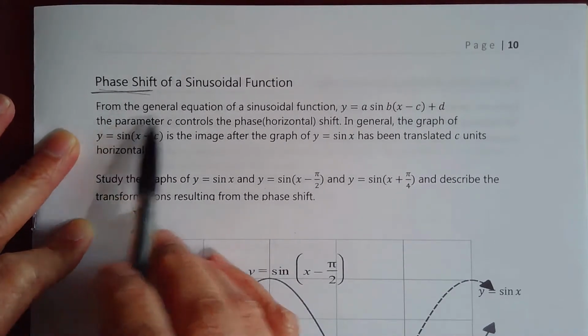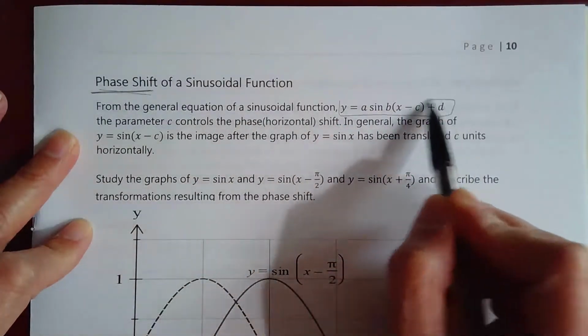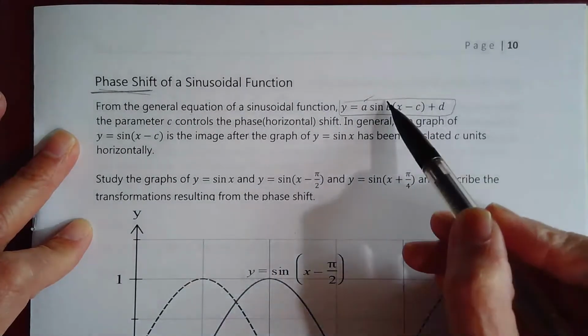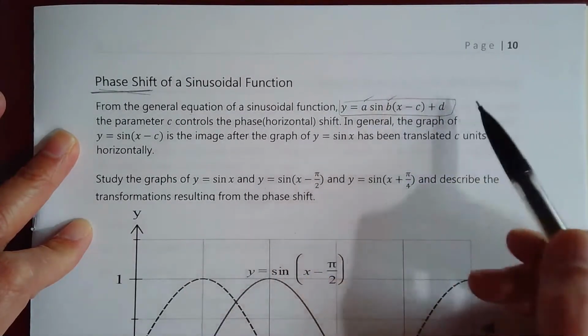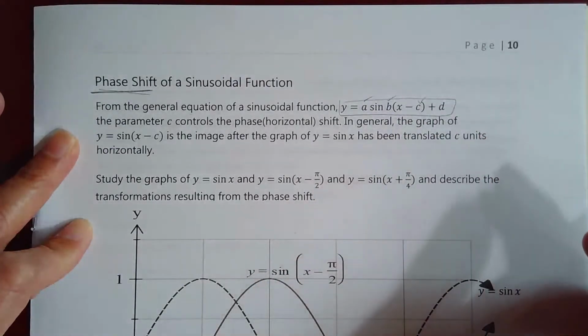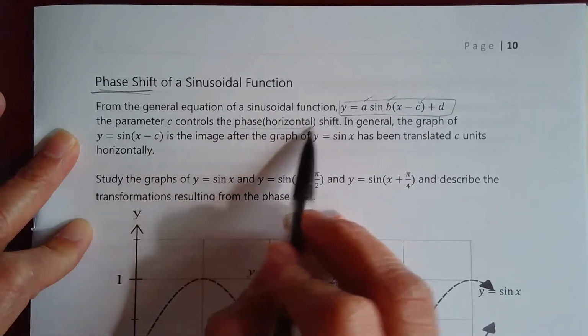For the general equation of the sinusoidal function, again, it's written in here, I don't have to rewrite it. A talks about the amplitude. B talks about the period. C is the horizontal shifting, called phase shift. So C controls the horizontal phase shift.